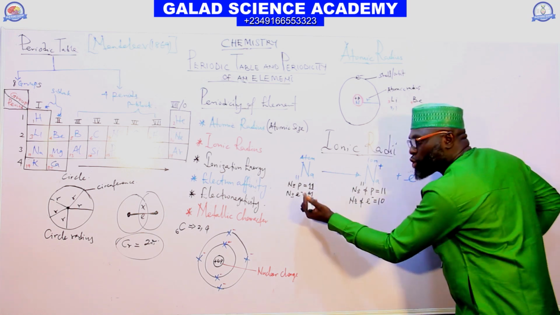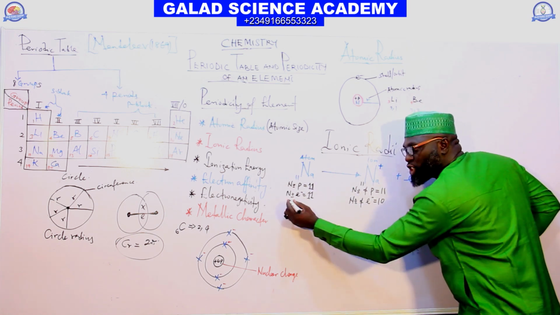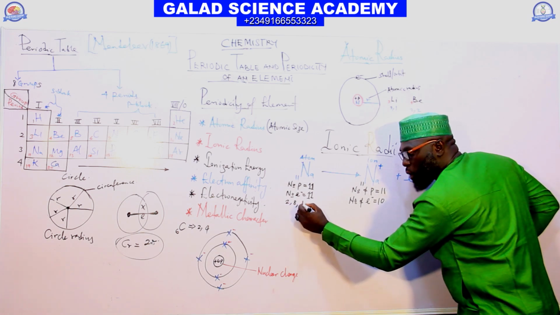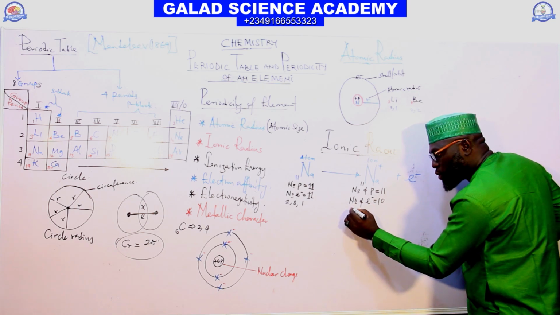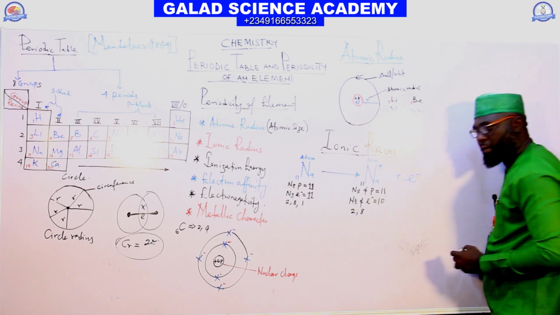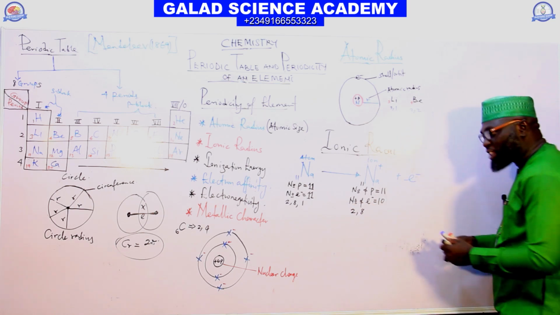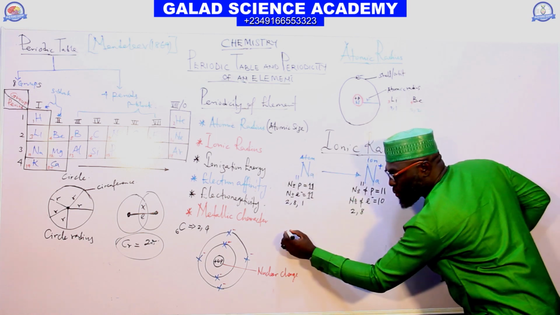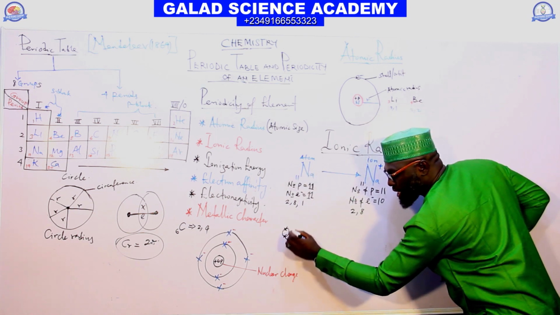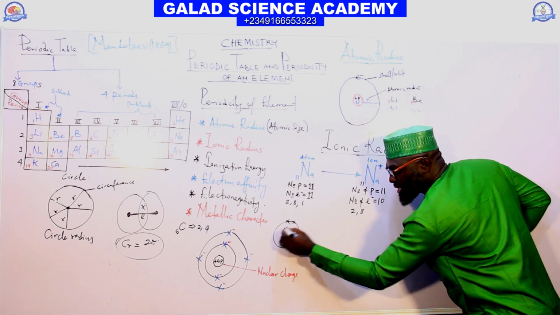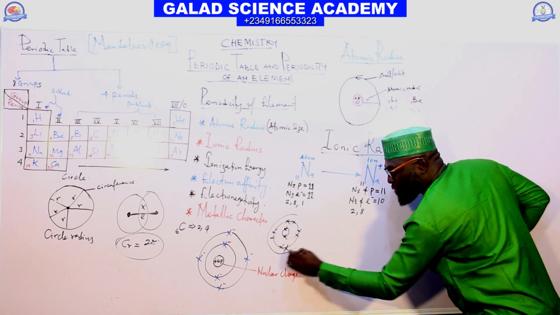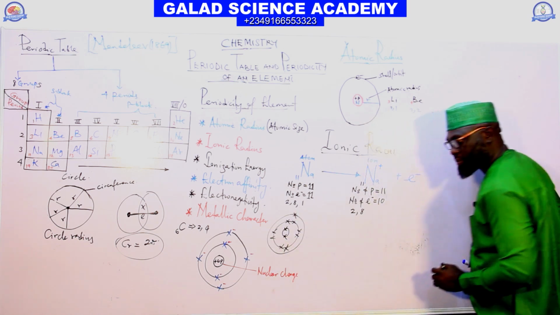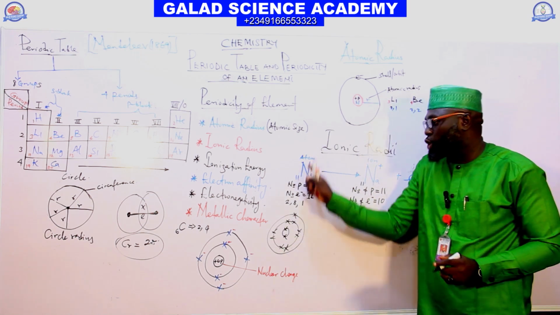But let me draw. The electron configuration of the atom is 2, 8, 1, abi? Let us draw the shells. We have 2 inside, we have 8, and we have 1 outside here. This is for the sodium atom.